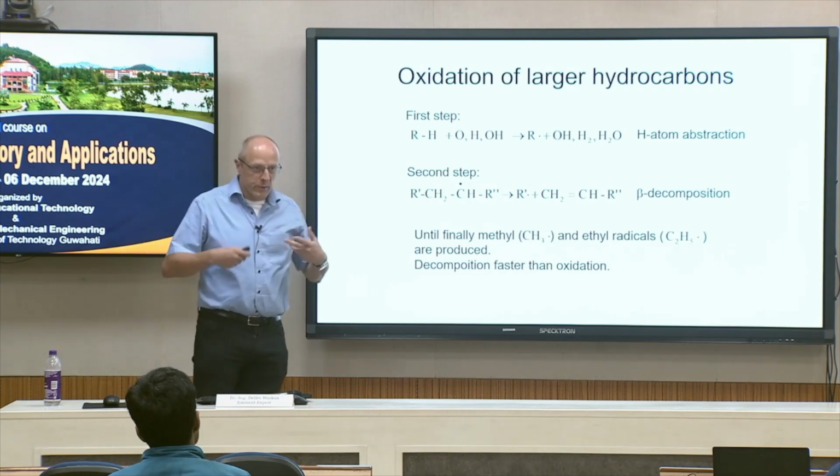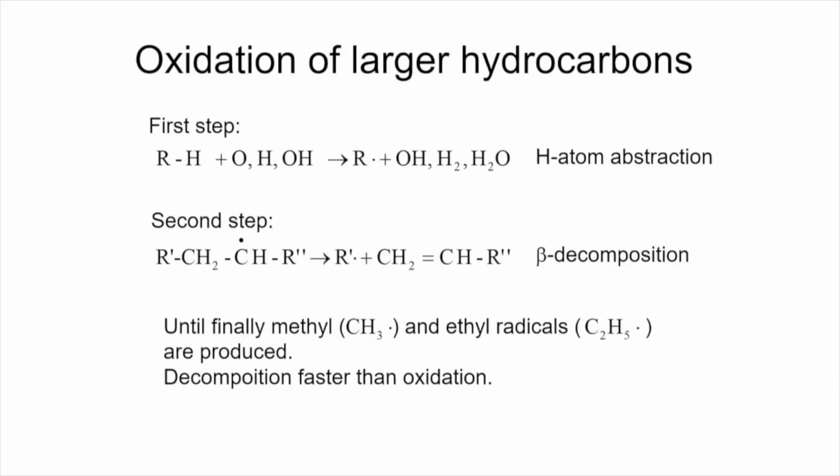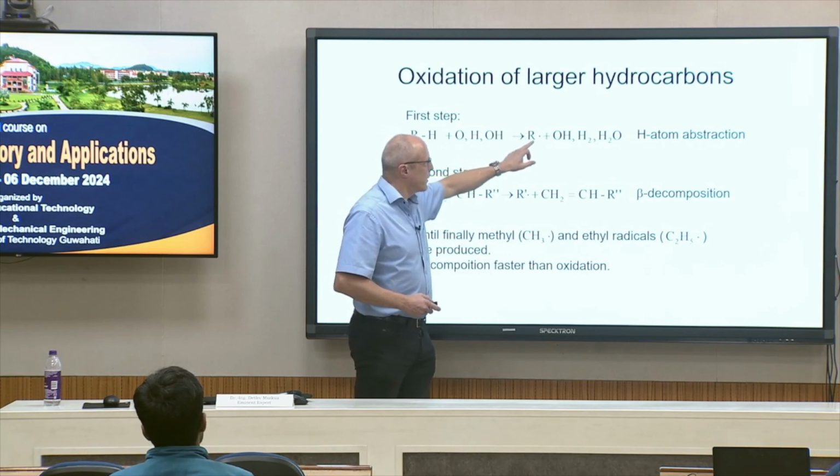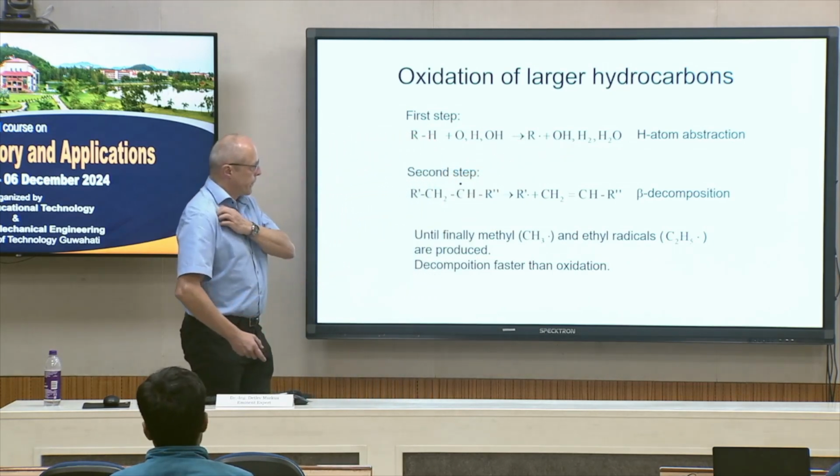So, and then of course we can continue to larger hydrocarbons. And again, we have to abstract an H atom at the beginning. So the hydrocarbon interacts with other radicals, giving this hydrocarbon radical and other molecules.